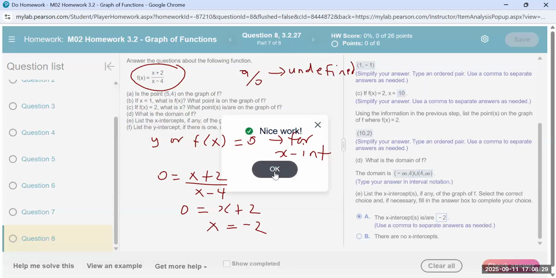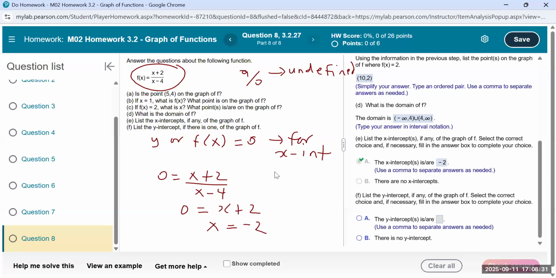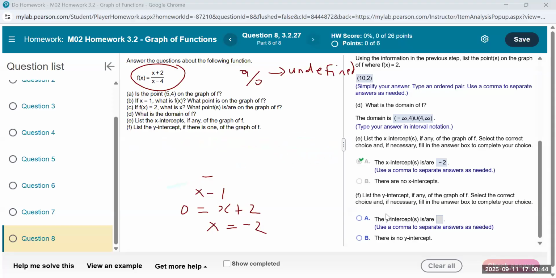And then the next one is where we find the y-intercept. The y-intercept is when x is 0.